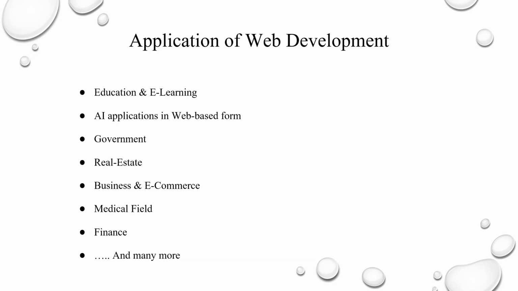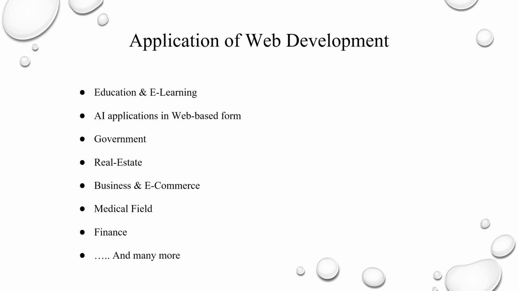Application of web development. In web development, we create different web pages and websites. These web pages and websites are used in various fields. Everywhere, we use different applications and various websites.